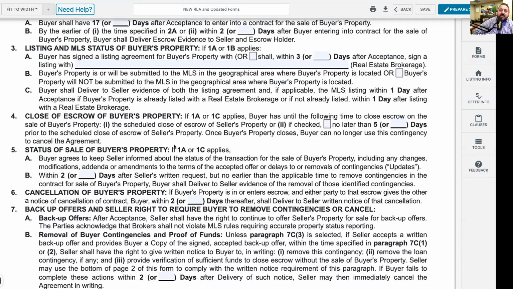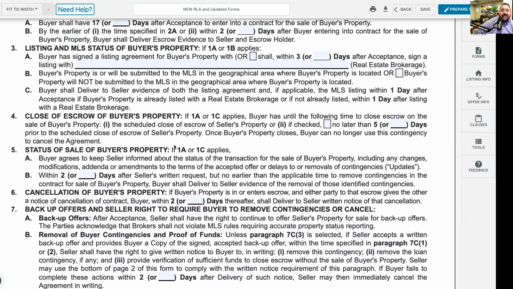This contingency of closing escrow on the down leg by default will be due on December 14th. So any extensions that I may get on my down leg, I'd have to then also create an extension for those contingencies on the up leg. I'd have to negotiate that.